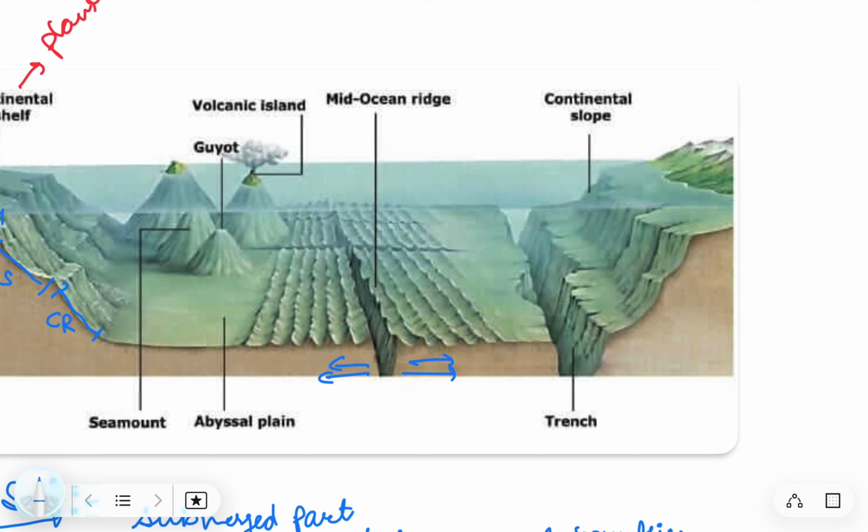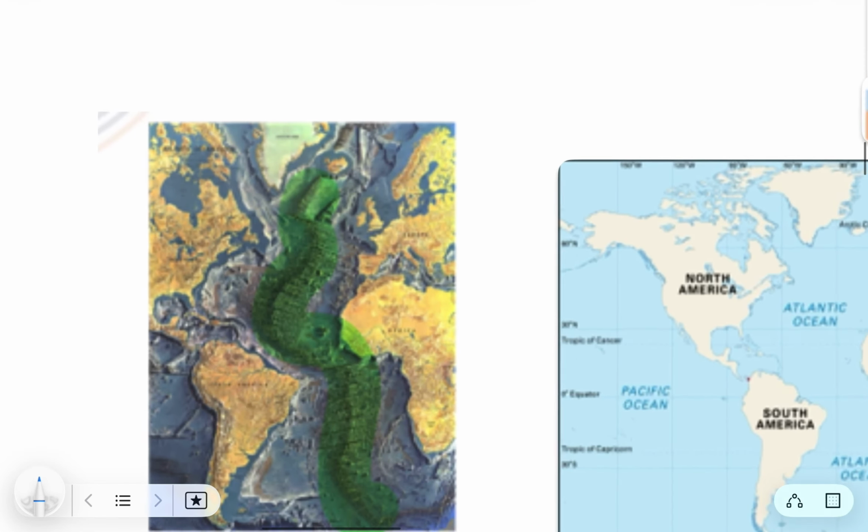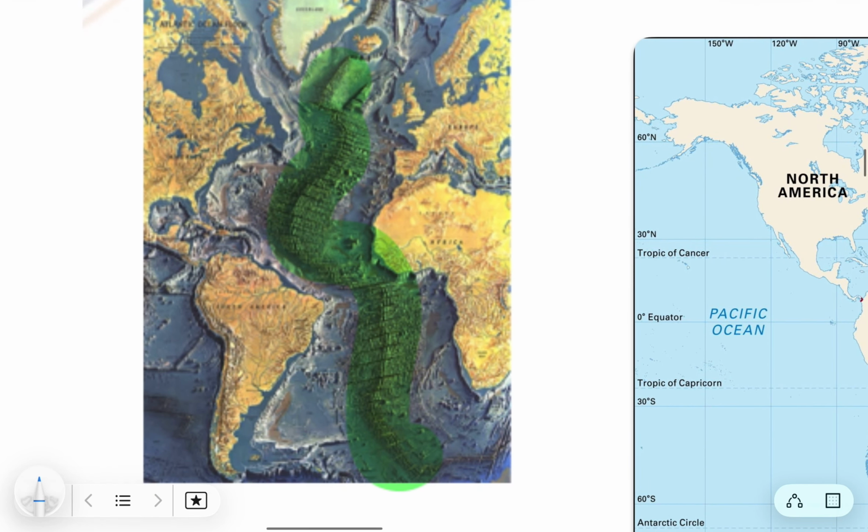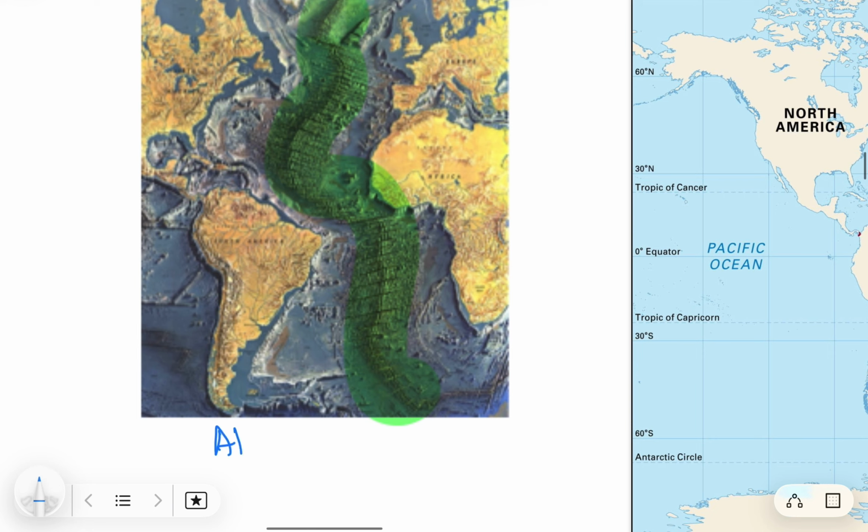The Atlantic ridge is about 16,000 kilometers long, and it is the longest ridge in the world. The peaks of some ridges may rise above the sea level to form islands.